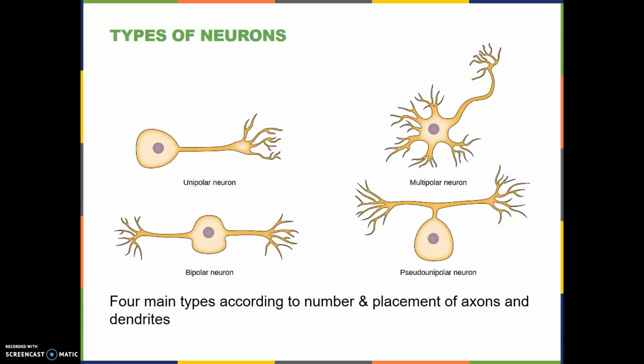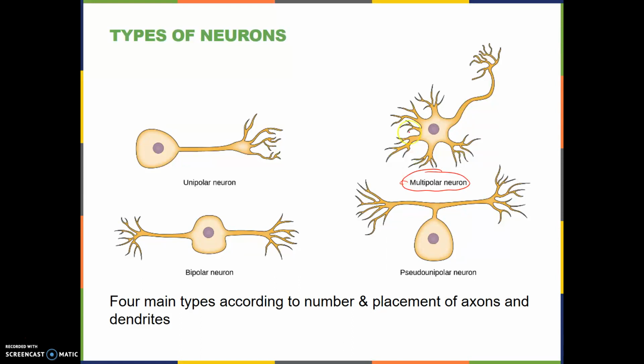On this slide, you see the four main types of neurons. The one that we looked at on the previous slide is called a multipolar neuron.